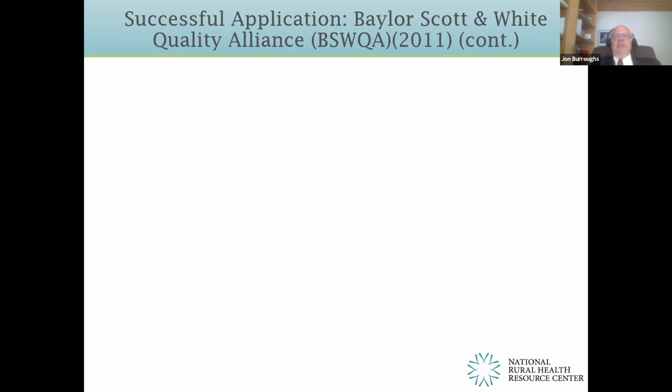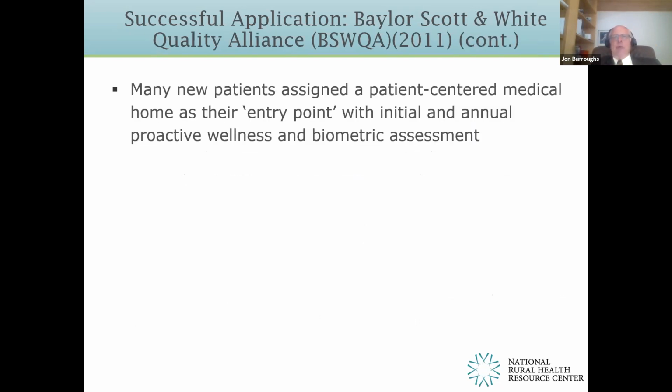Okay, new patients are assigned a patient-centered medical home as their entry point. A patient-centered medical home is basically a primary care physician in charge overseeing nurse practitioners, PAs, RNs, LPNs, clinical technologists, documentation technologists, et cetera, with an initial and annual proactive wellness and biometric assessment.